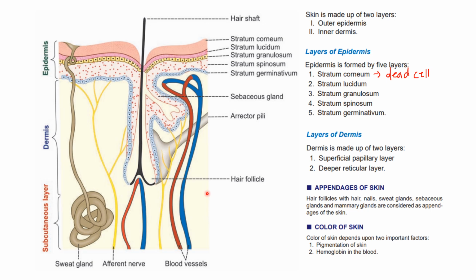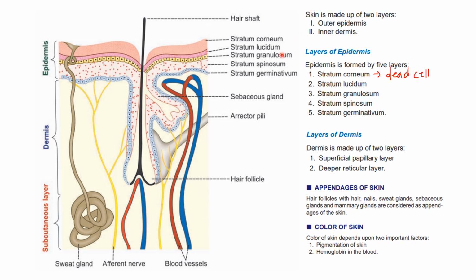Then we have stratum granulosum. This is a thin layer with 2 to 5 rows of flattened rhomboid cells, as you can see on the diagram as well. The cytoplasm contains granules of proteins called keratohyalin, and keratohyalin is the precursor of your keratin protein.